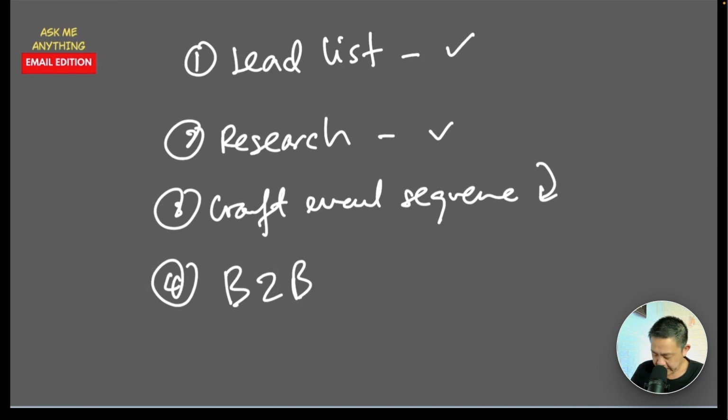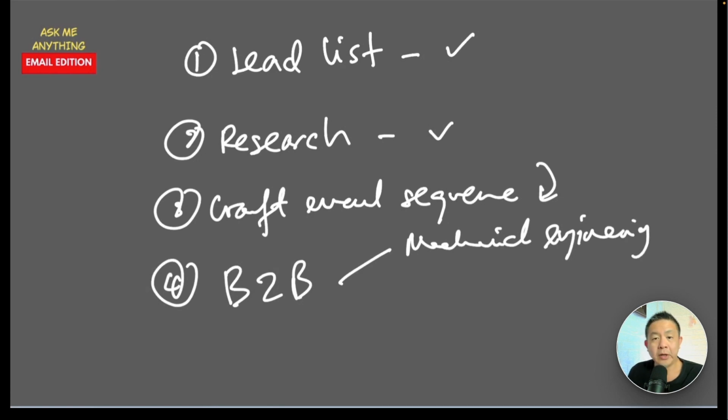But in B2B, I would want to target, for example, let's say mechanical engineering companies. Okay. There's only a limited number of mechanical engineering companies within your country, or if you want to target the world, still it is not in the millions or hundreds of thousands, right? So this is where cold email works best.